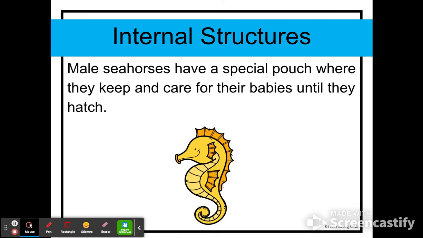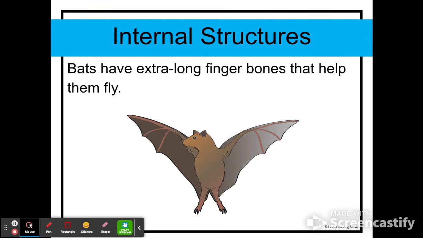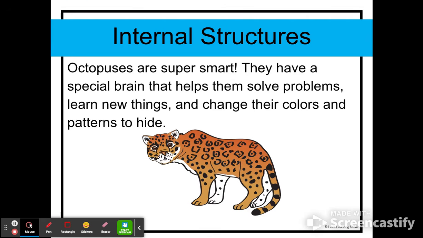Male seahorses have a special pouch where they keep and care for their babies until they hatch. Bats have extra long finger bones that help them fly. Octopus are super smart. I know you don't see a picture of an octopus right now, but they have special brains that help them solve problems, learn new things, and change their colors and patterns to hide.